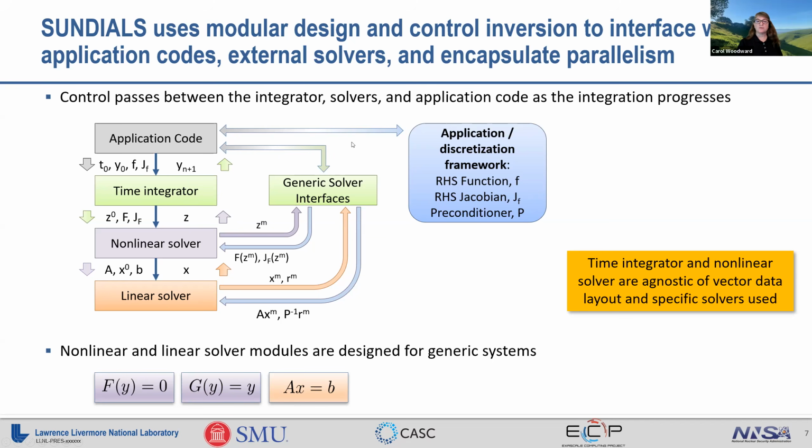And then that information goes to the time integrator, and it can go into the nonlinear solver and linear solver as needed and appropriate through the callbacks. Again, nonlinear and linear solver modules are designed for generic systems. So the integrator calls these generic interfaces, and then those can interface to specific solvers underneath.